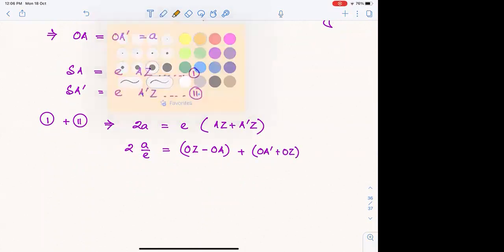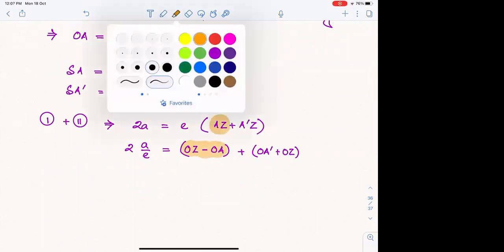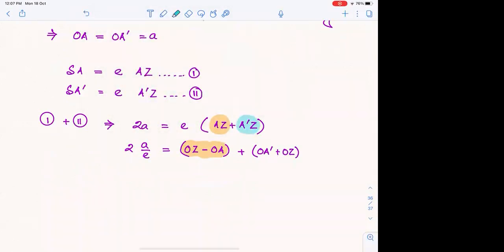So for marking purposes, AZ has been represented as OZ minus OA, and A dash Z has been marked as OA dash plus OZ.